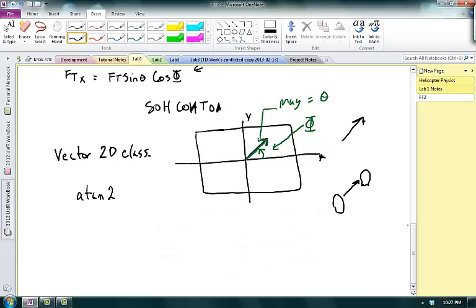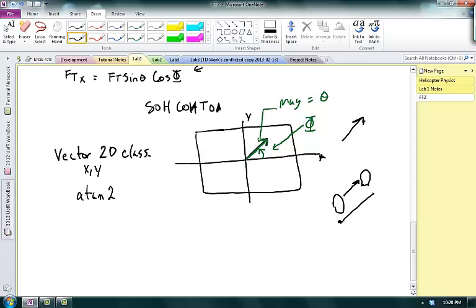Okay. So we're going to get the vector 2D class allows us to plug in the x, y coordinate. And we get that basically by saying the original mouse location was here, which was some coordinates. We can use the get x, get y. And now when we move the mouse, we can retrieve the new x and y.